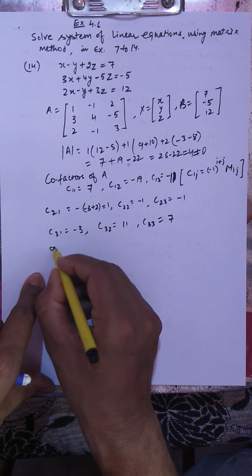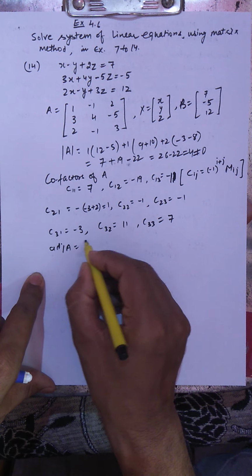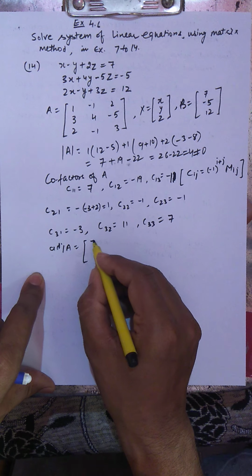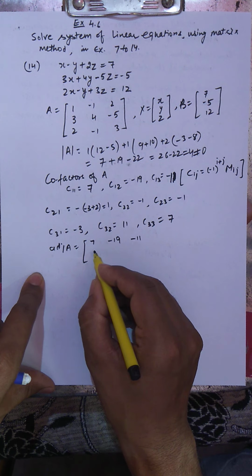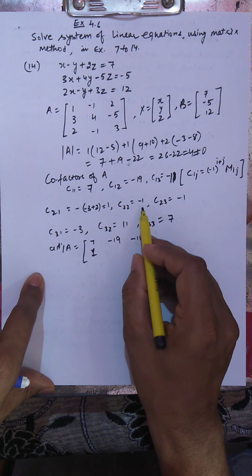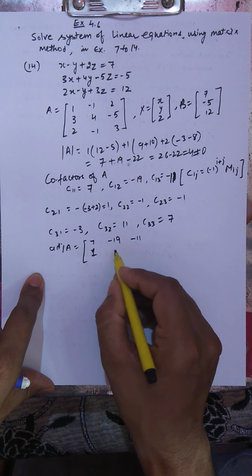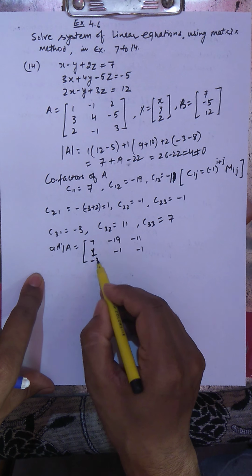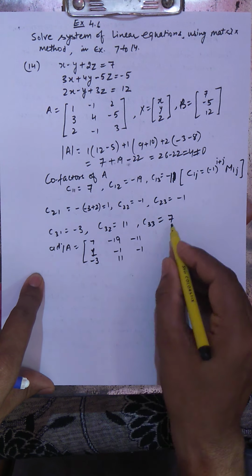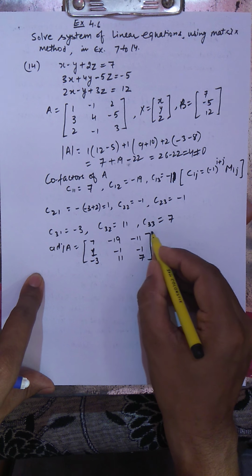Now we'll write the adjoint of A. So for the adjoint of A, you write 7, minus 19, minus 11, then minus 3, 1, and again minus 1, minus 1, and minus 3, 11, and 7, and take the transpose.